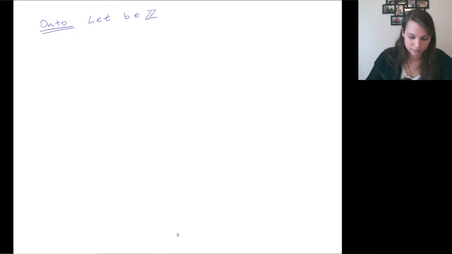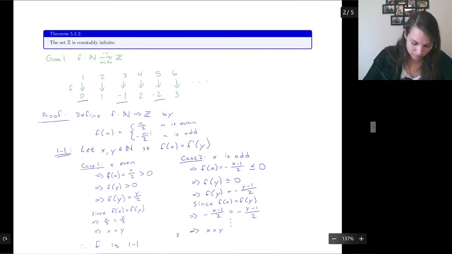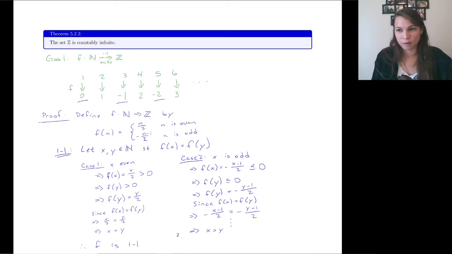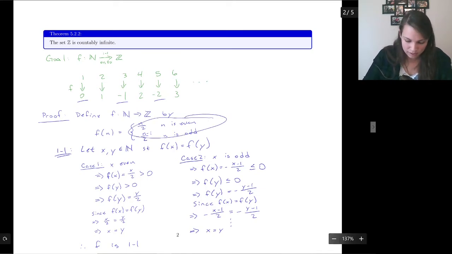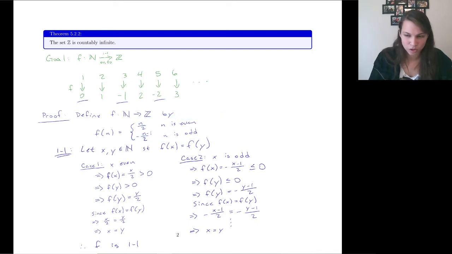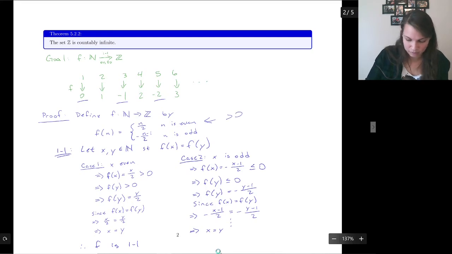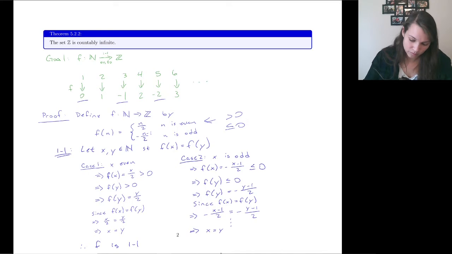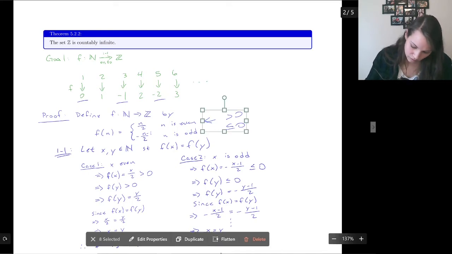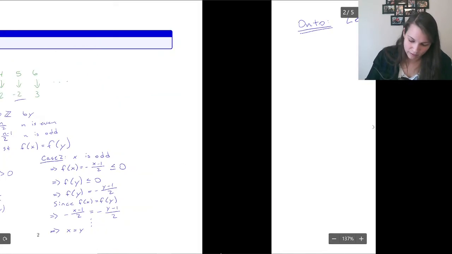But again, depending on if b is positive or negative or 0, very different things are happening. So let's split it up. This is the part that's going to be positive, and then this part is less than or equal to 0. Let's use it to our advantage.